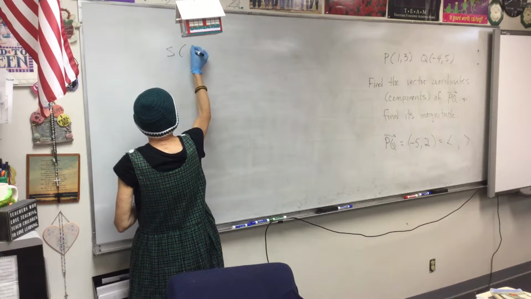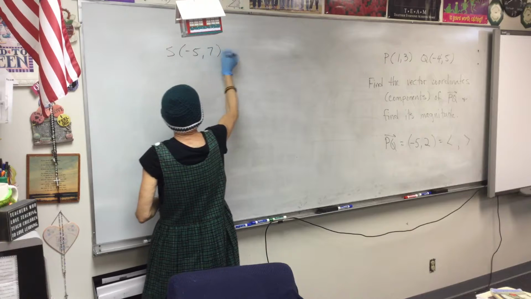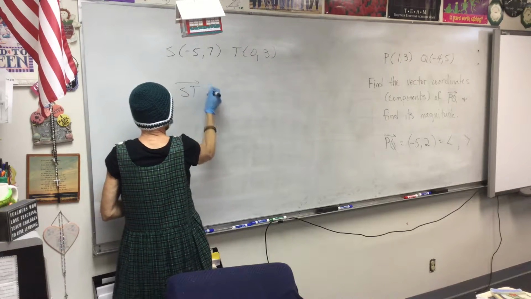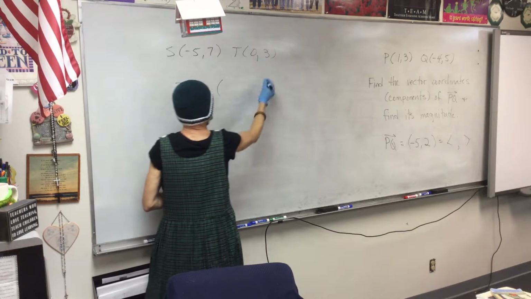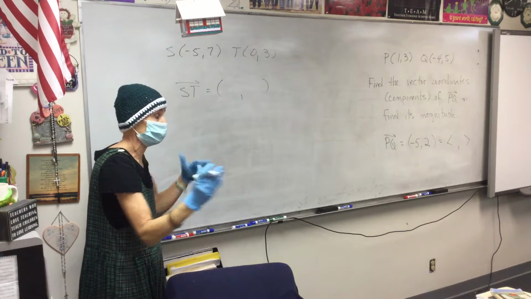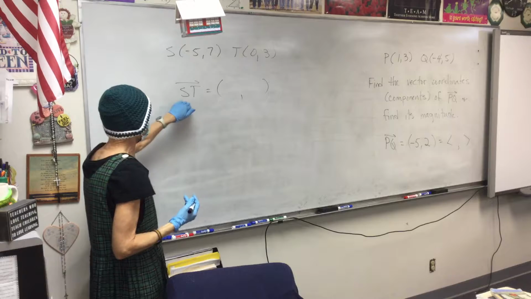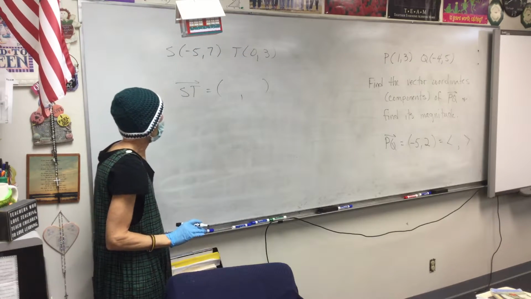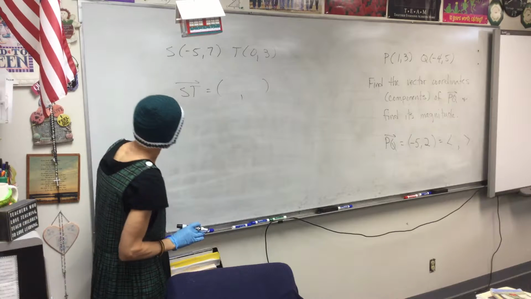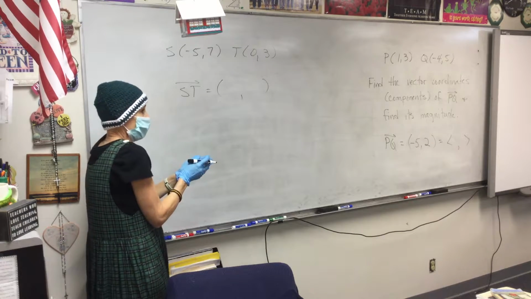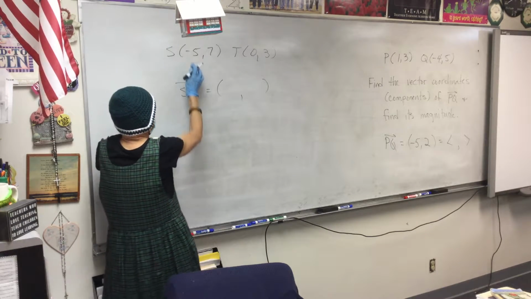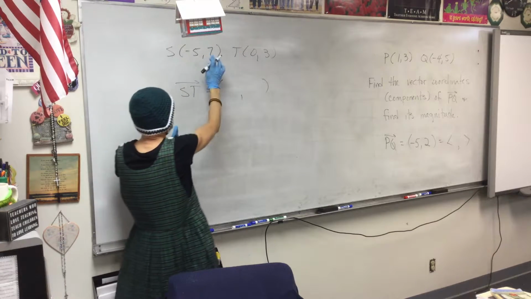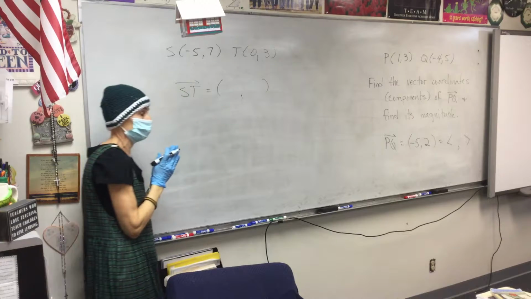Let's say S is -5, 7, and T is 0, 3. Can you find, right now on your own, the coordinates or the components, whatever word you want to use, for the vector from S to T? Take a minute, see if you can do that. Think about walking from -5 to 0, and then from 7 to 3.